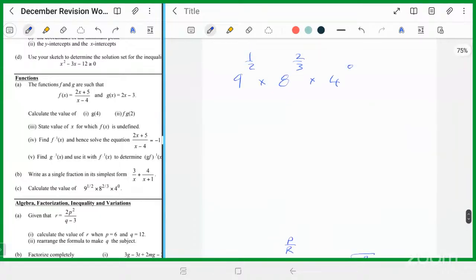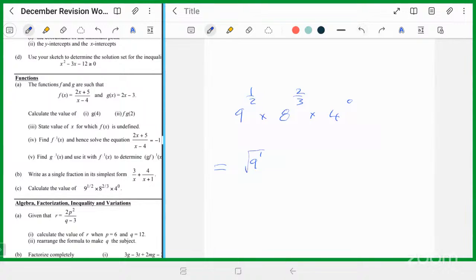So let's get back to this now. This becomes equal to 9 to the 1 over 2, and this is square root, times this one now is the cube root of 8, and then square it to get that. And then you have to know that any number with the power 0 is 1, more things you know the better.